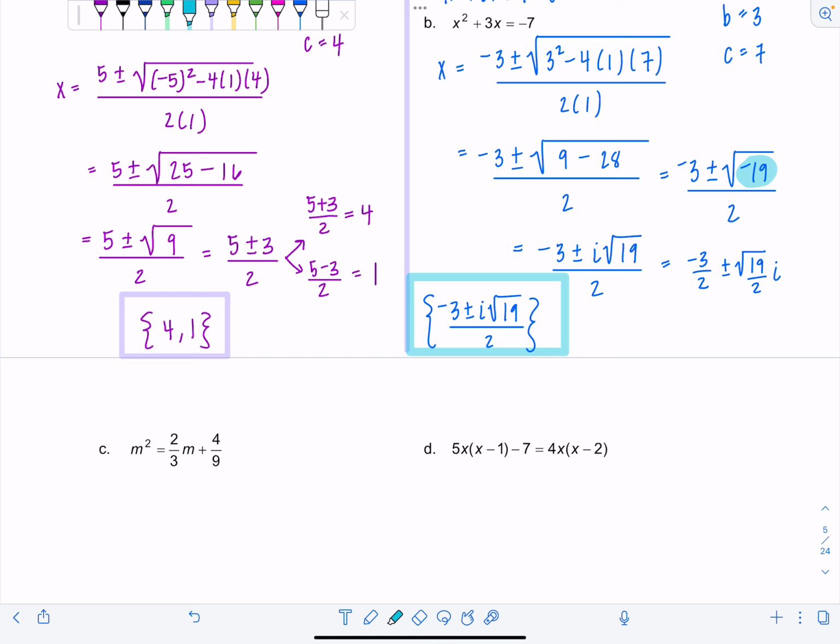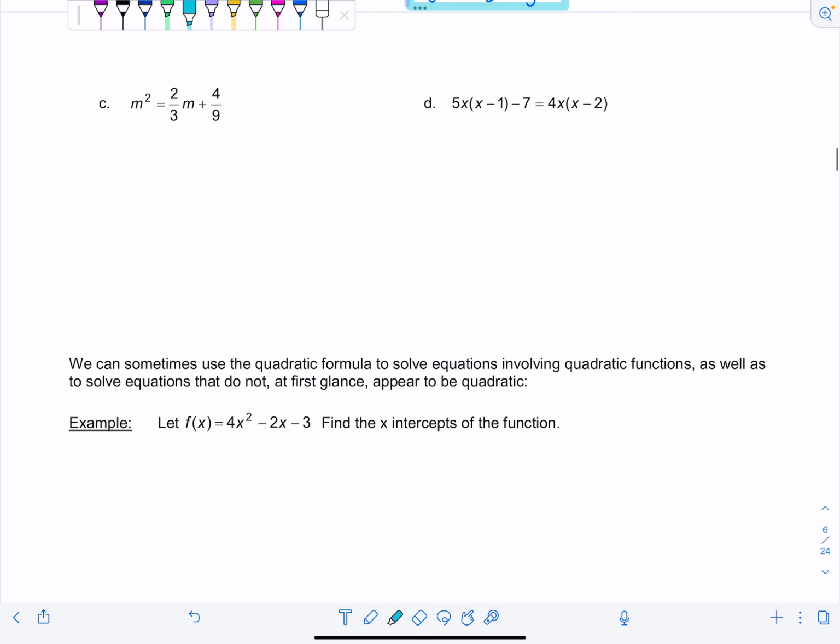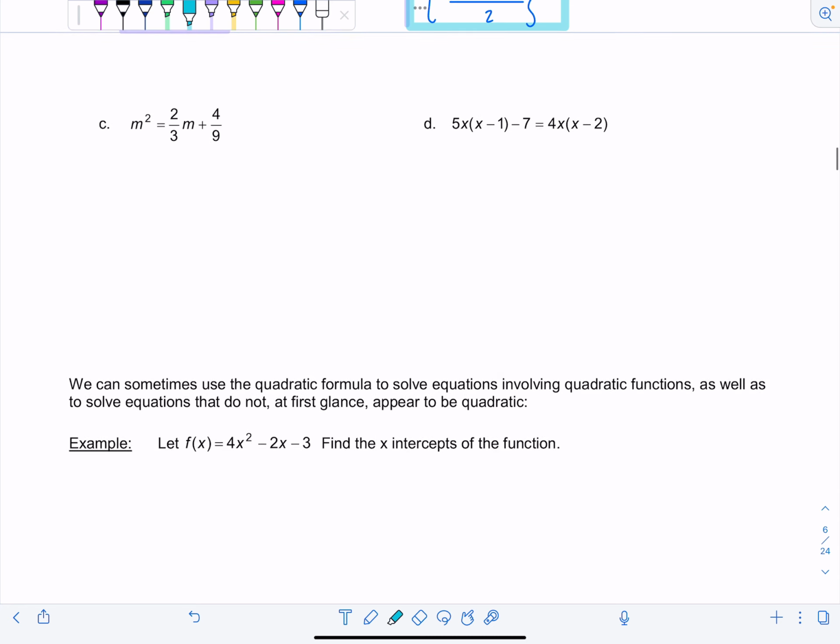Okay, example C. m squared equals 2/3 m plus 4/9. I'm going to tell you right now, you can do the quadratic formula with fractions, but don't make life difficult on yourself. So I'm going to multiply everything through by 9 first.